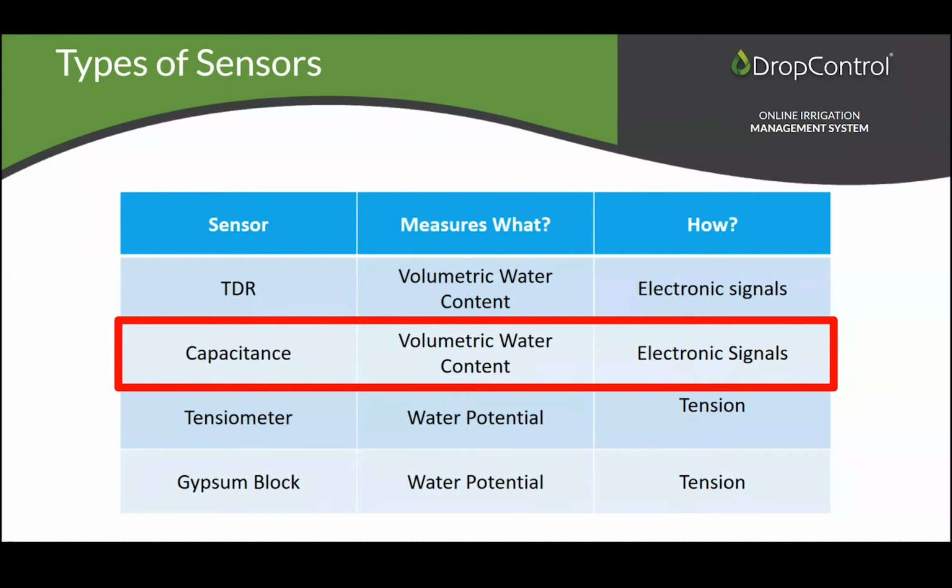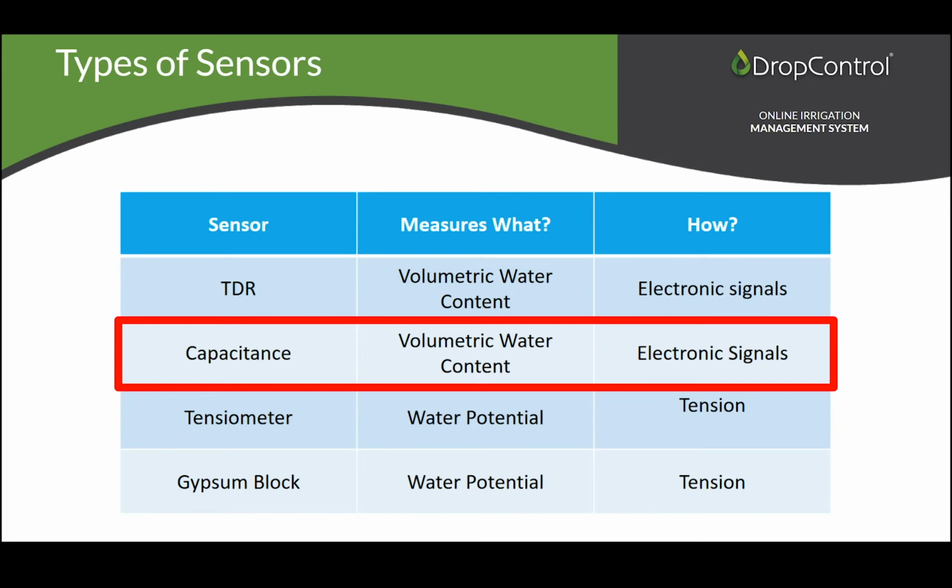TDR is another technology used for volumetric water content. It came before the capacitance probes. Capacitance sensors are actually FDR. TDR stands for time domain reflectometry. FDR stands for frequency domain reflectometry. The reason TDR did not go massive was basically because of pricing. Equipment usually was high value sensors.